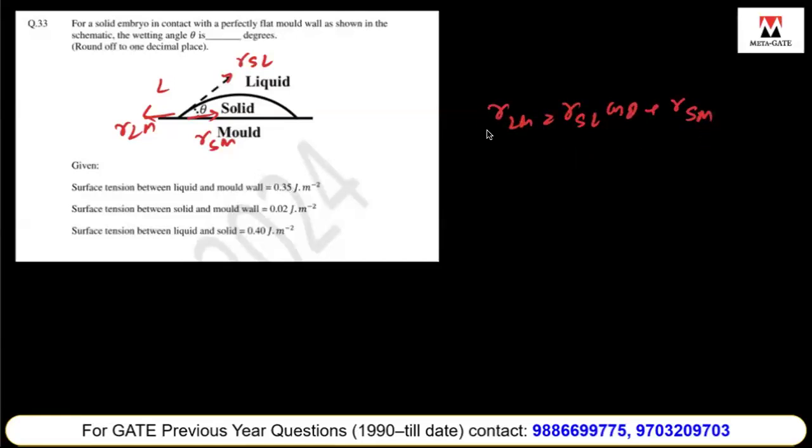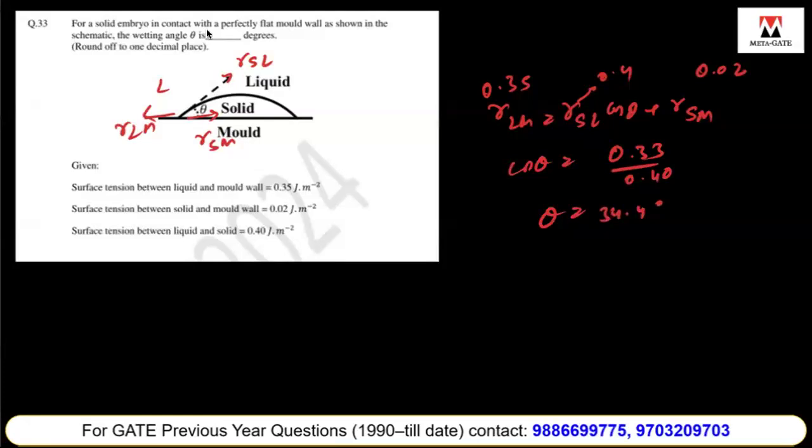Liquid mold is 0.35 and solid mold wall is 0.02, so 0.4 equals 0.02 cos theta, and taking 0.02 to this side, cos theta is equal to 0.33 by 0.40. So theta is equal to cos inverse of 0.33 by 0.4, which is equal to 34.4 degrees. So the wetting angle is 34.4.